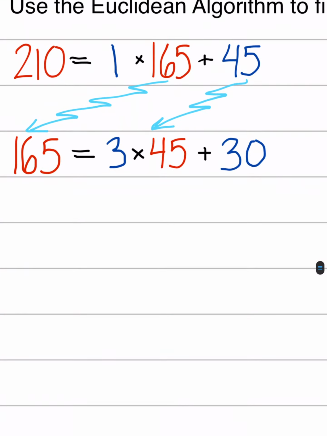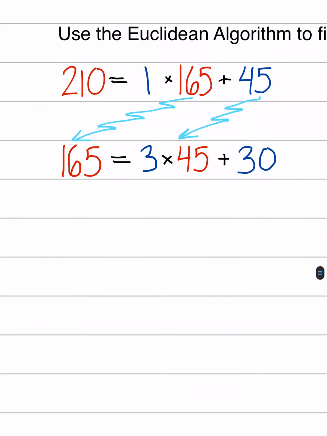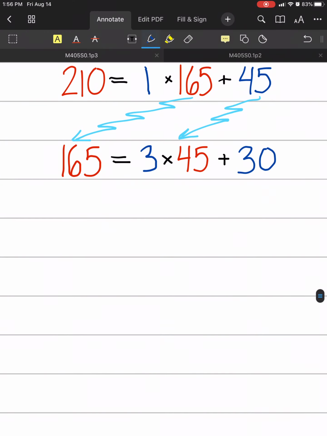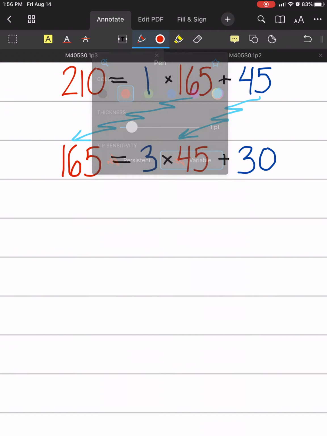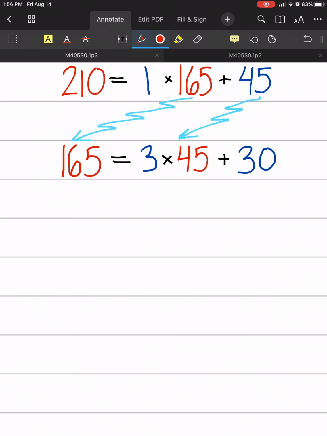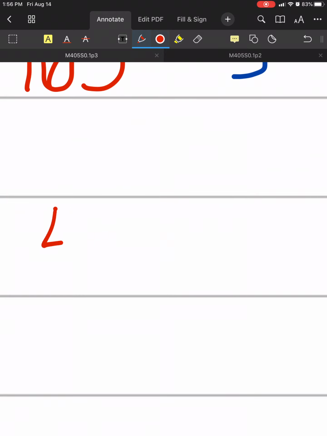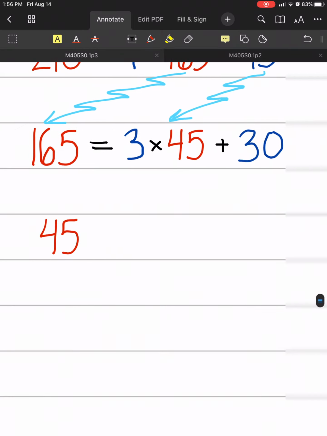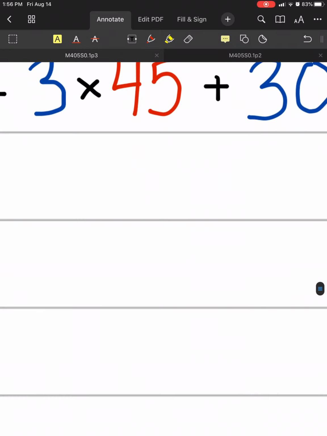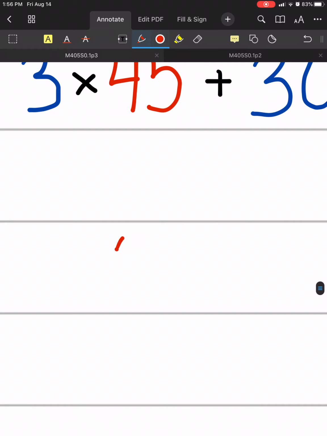Okay, we should be back now. Let's go ahead and fill this next step in. I need red first. So remember, our old B value becomes our new A value. So here our old B value was, let's zoom in, 45. And our old R value, which was 30, becomes our new B value.